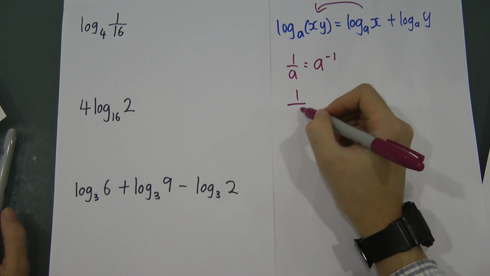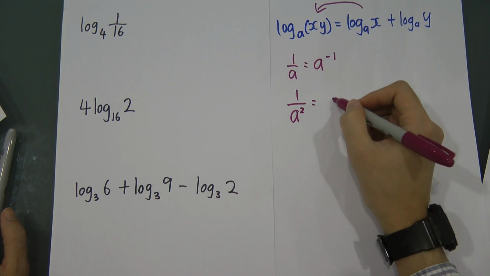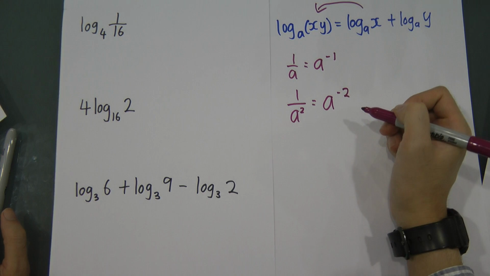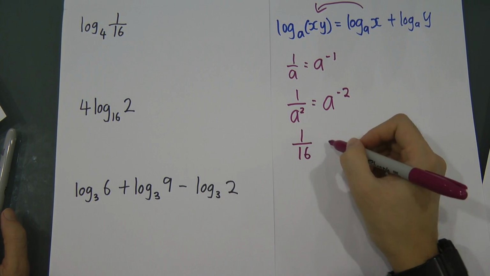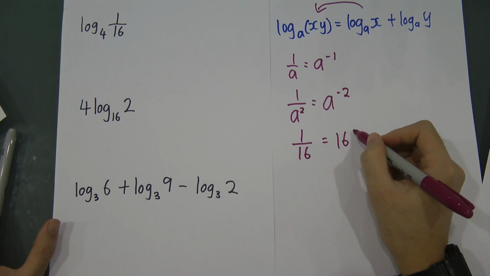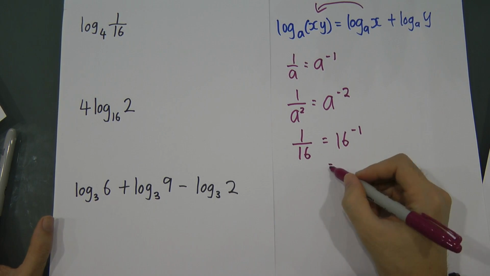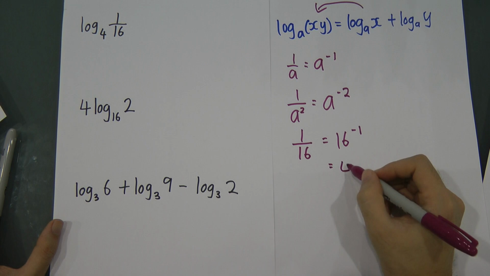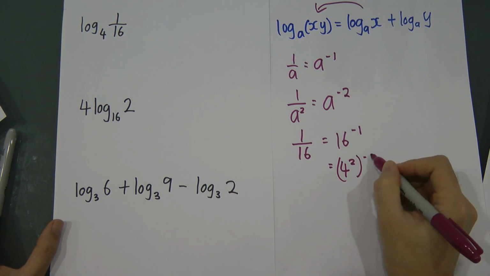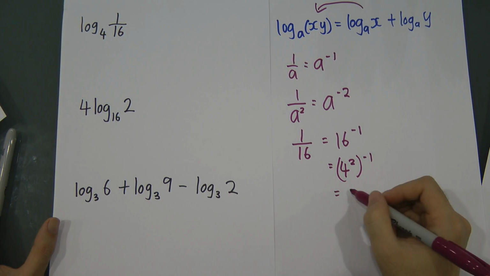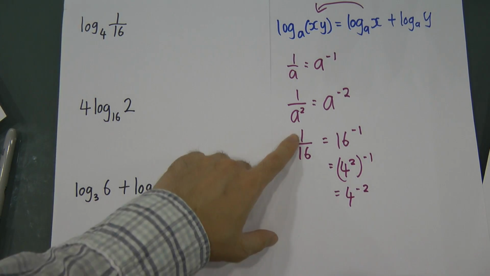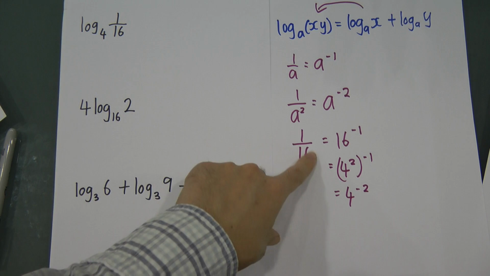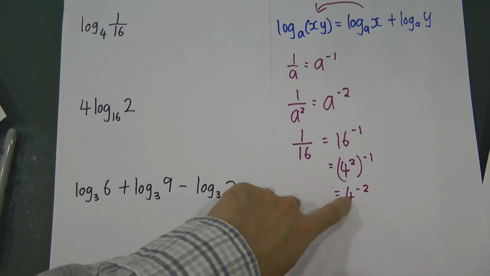So if 1 over a squared, we will call it a to the negative 2. So 1 over 16, we can call this 16 power of negative 1. So 16, we know this is 4 squared, power of negative 1. So this is 4 to the negative 2. So you have to know you can change 1 over 16 to 4 power of negative 2.